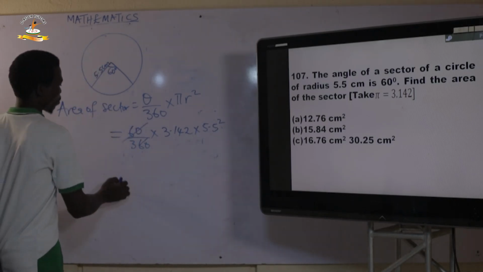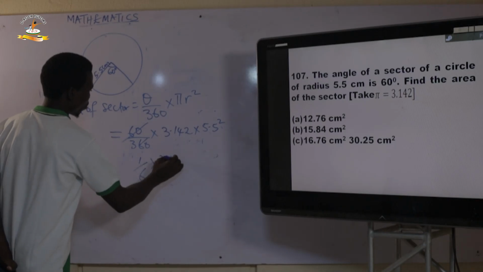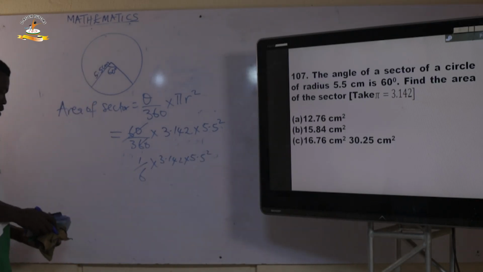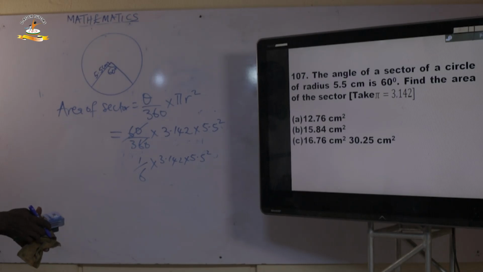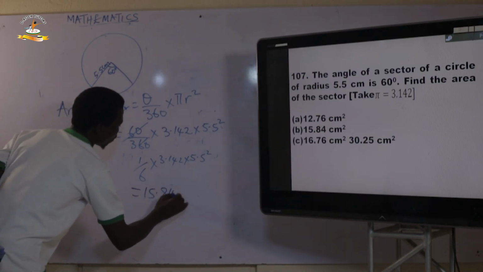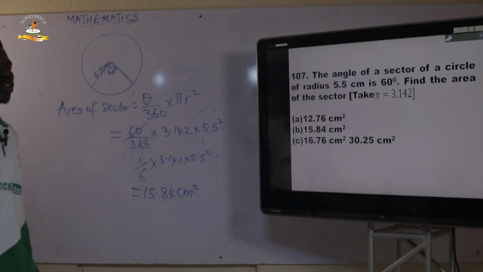And this is simply what? 1 over 6 times 3.142 times 5.5 squared, and we go to our calculator and solve the remaining. 3.142 times 5.5 squared, and we divide by 6, and this is what? 15.84. So the area is what? 15.84 centimeters squared, and the correct option is option B.